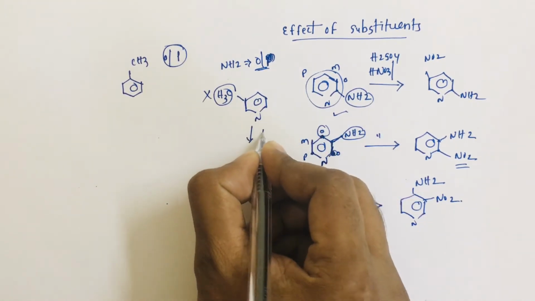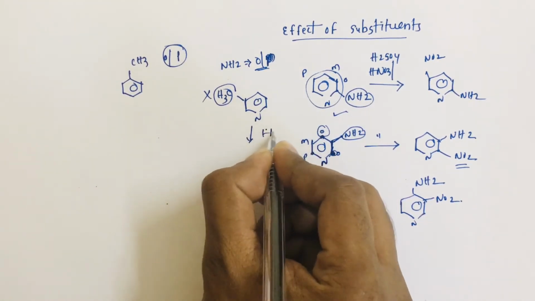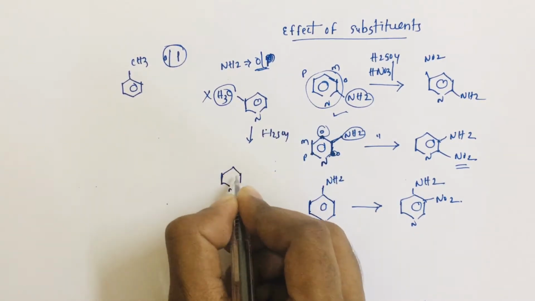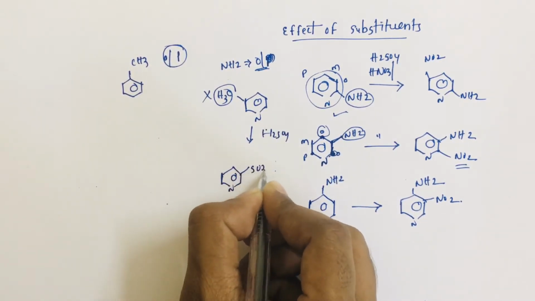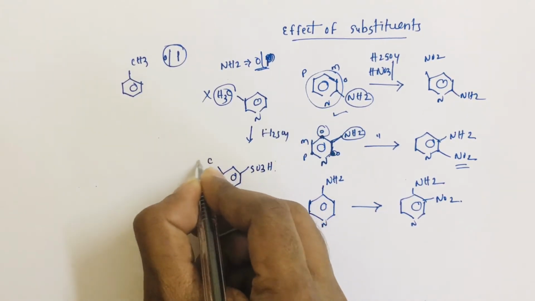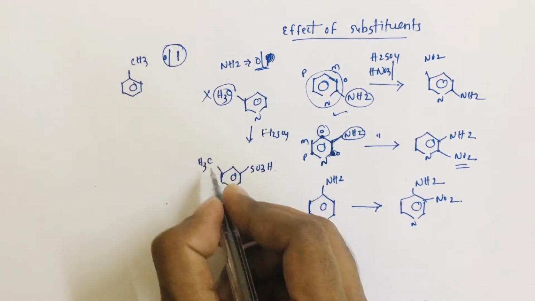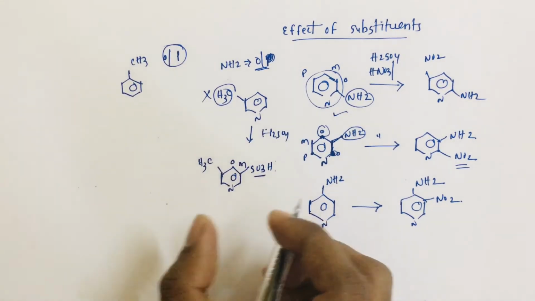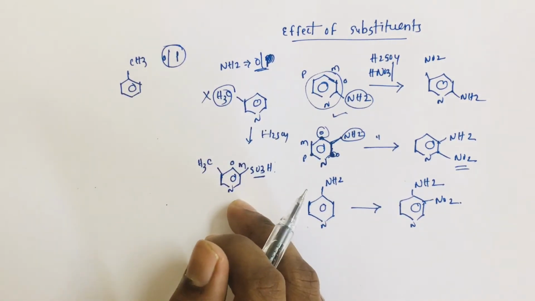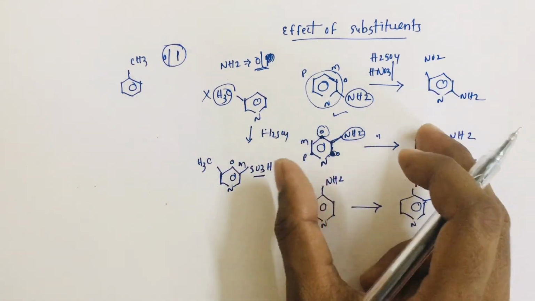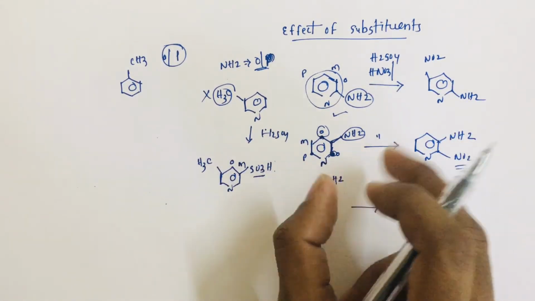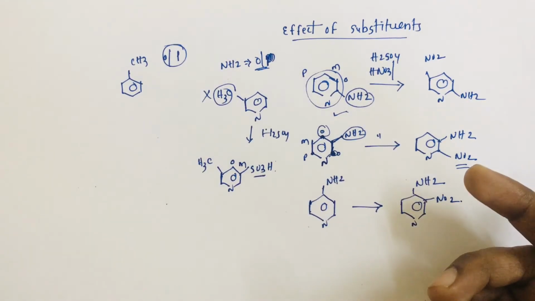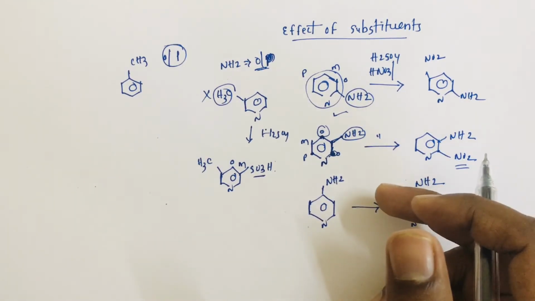So when we do a nitration or sulfonation on this, we'll get this compound. This group is meta to the methyl group, but here the methyl group doesn't have any role. The only NH2 group in case of pyridine can direct the groups to the ortho and para positions, but the methyl group can't.